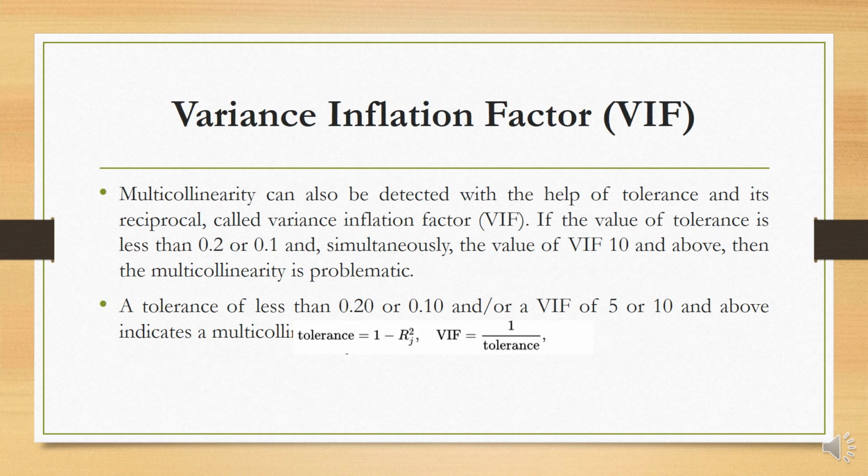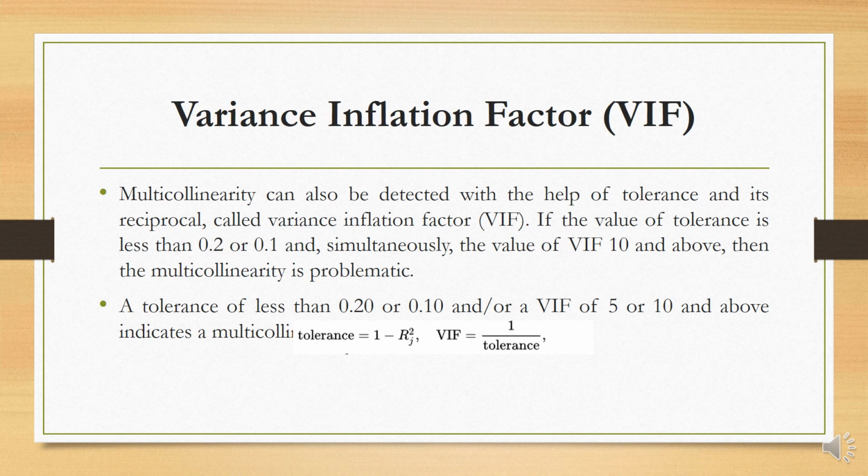So there is a formula to detect the multicollinearity, which is called the variance inflation factor, VIF. Multicollinearity can also be detected with the help of the tolerance and its reciprocal called the variance inflation factor, VIF.